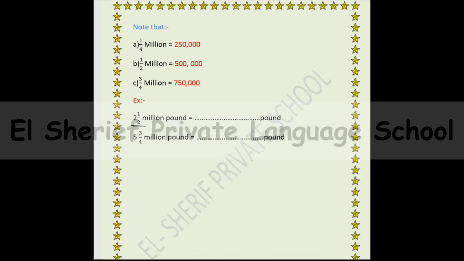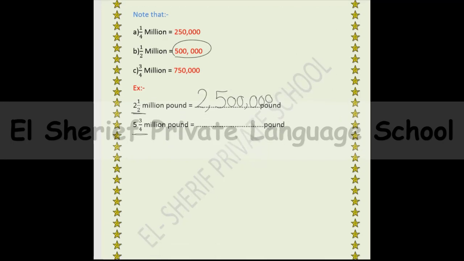So 2 million equals 2 million, and half million equals 500,000, so we can write it 2,500,000. Letter B, we have 5 and 3/4 million, so write 5 million, and 3/4 equals 750,000, as we know, 5,750,000.